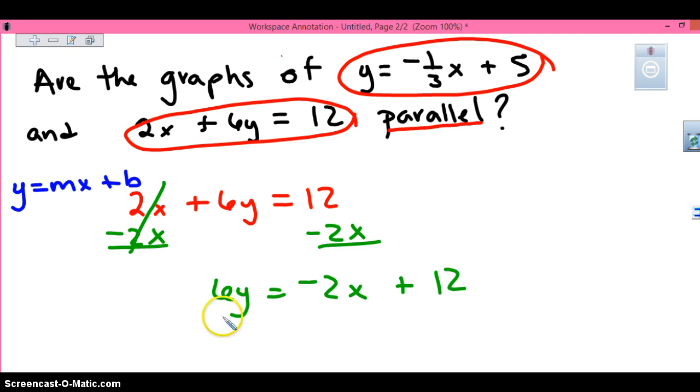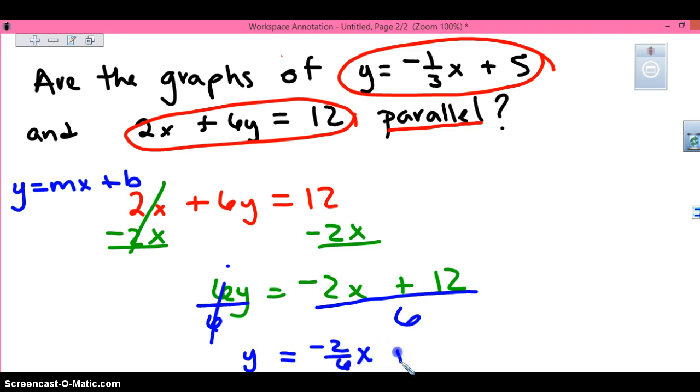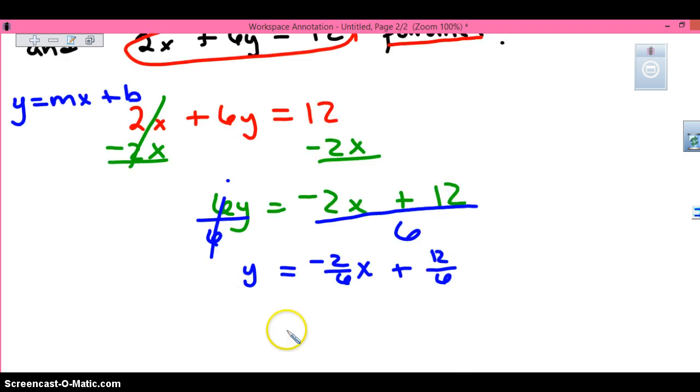We have to get rid of that 6, so we have to divide by 6. What you do to one side, you do to the other. This means y equals negative 2 over 6x plus 12 over 6. And we can simplify this. Y equals negative 1/3 x plus 2.